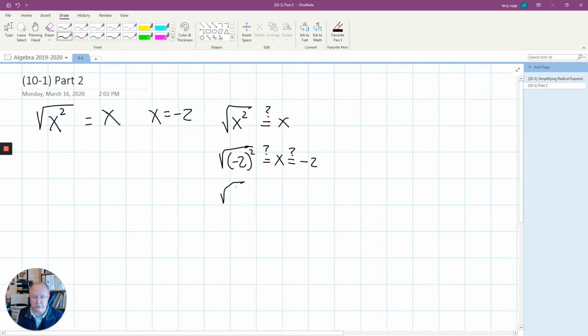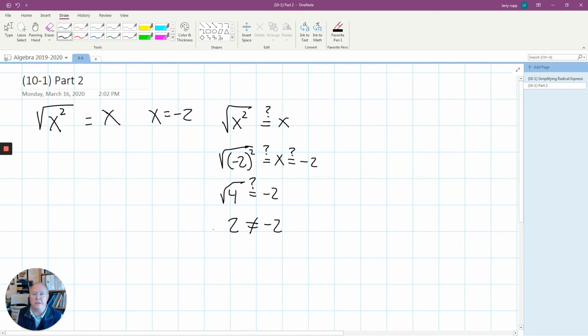Okay, so the square root of 4, is that equal to -2? All right. Well, the square root of +4 is 2. And that does not equal -2.